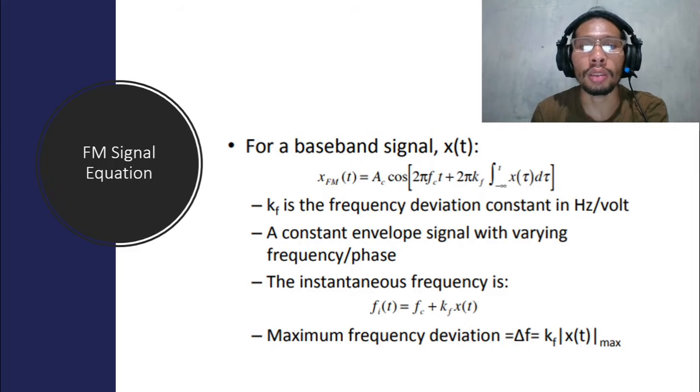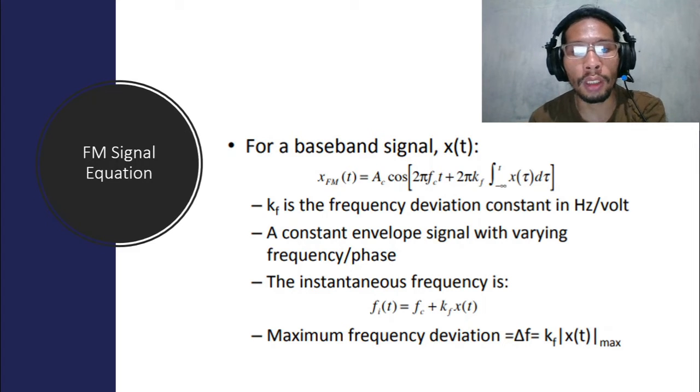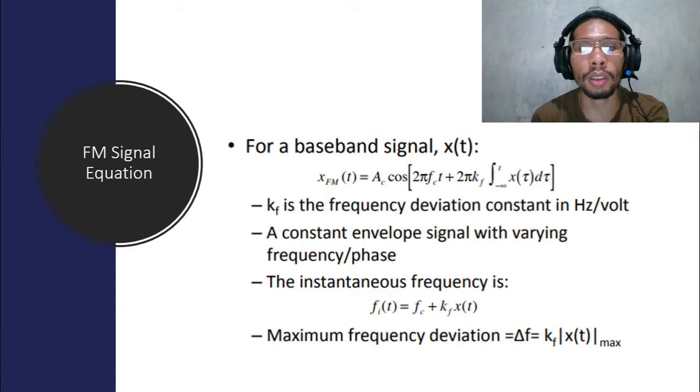The instantaneous frequency is f of t, which is equal to the frequency of the carrier plus kf times x of t, or the baseband signal. And the maximum frequency deviation is equal to delta f, or equal to kf multiplied with the absolute value of the x of t, or the baseband signal.